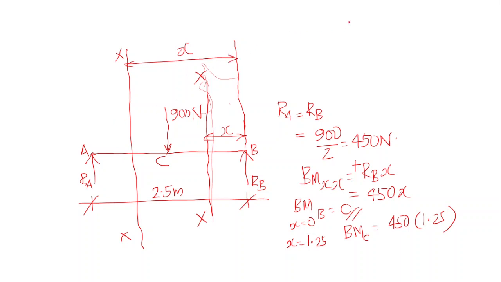Then we take this axis as x1. The bending moment at x1 is equal to, once again, 450 into x positive, and then minus 900 into x minus 1.25.